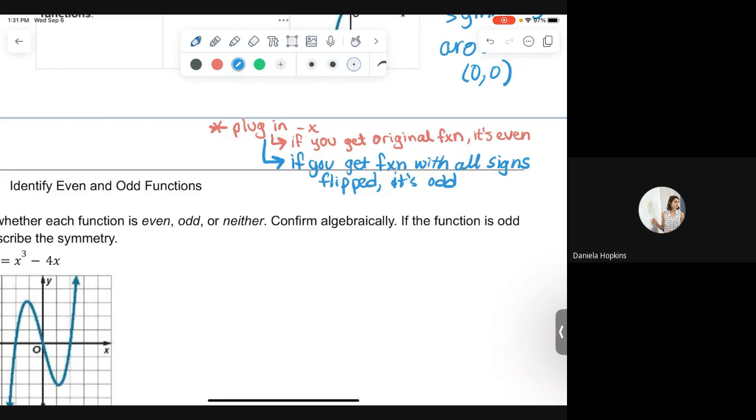And that's actually one thing I list out first. I just look at the function and I go through and flip all the signs because then we can compare. So if you get a function with all signs flipped, it's odd. And the last thing, if neither of those things happen, I'm going to say otherwise, neither.